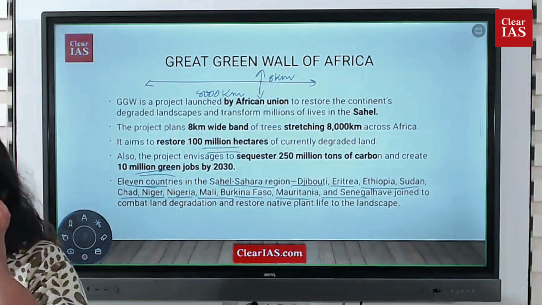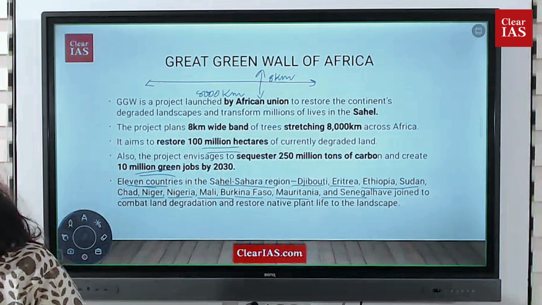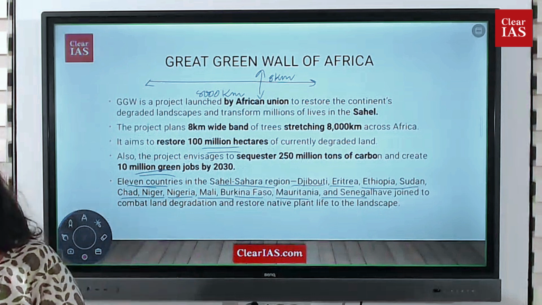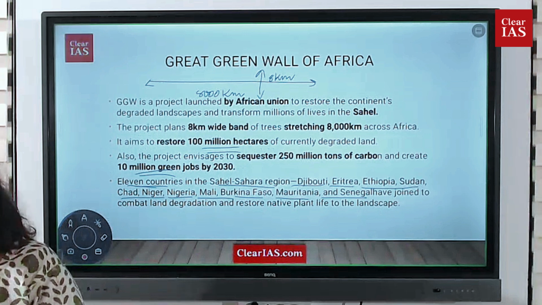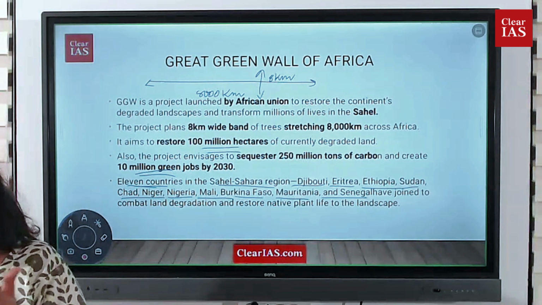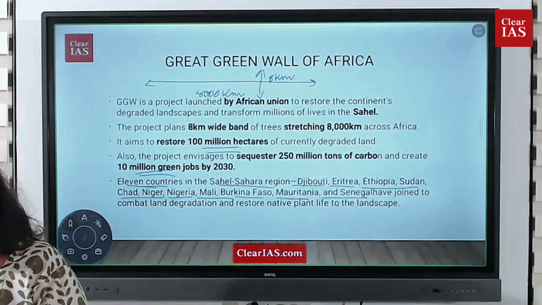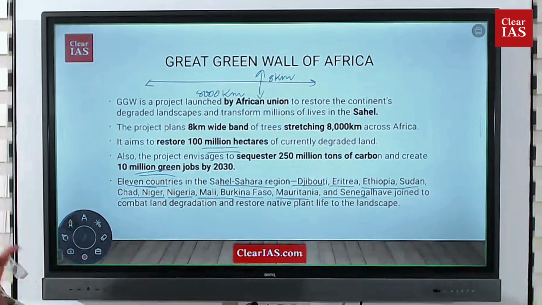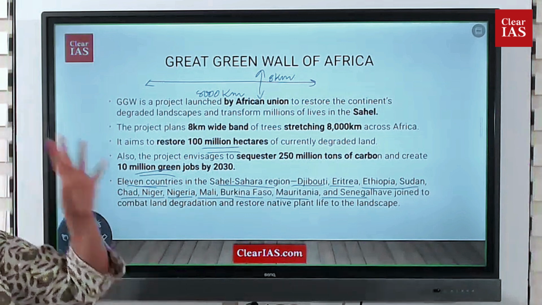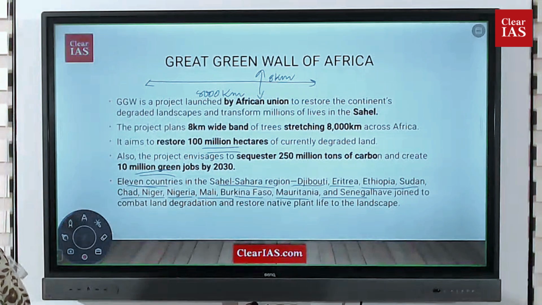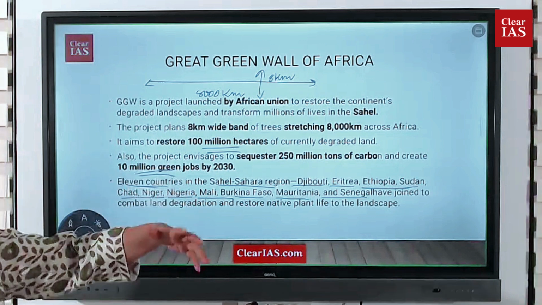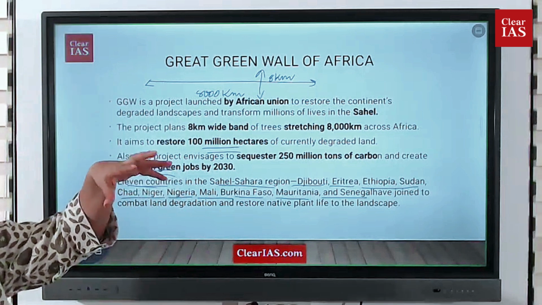This is very important because India has adopted a miniature version of this Great Green Wall in the Aravalli region, in order to build a green wall across the Aravalli to restore the degraded land. So the Sahel region is basically a semi-arid region in the western or central part of Africa. It is an ecotone, a transition zone between the Saharan desert and the savannas.